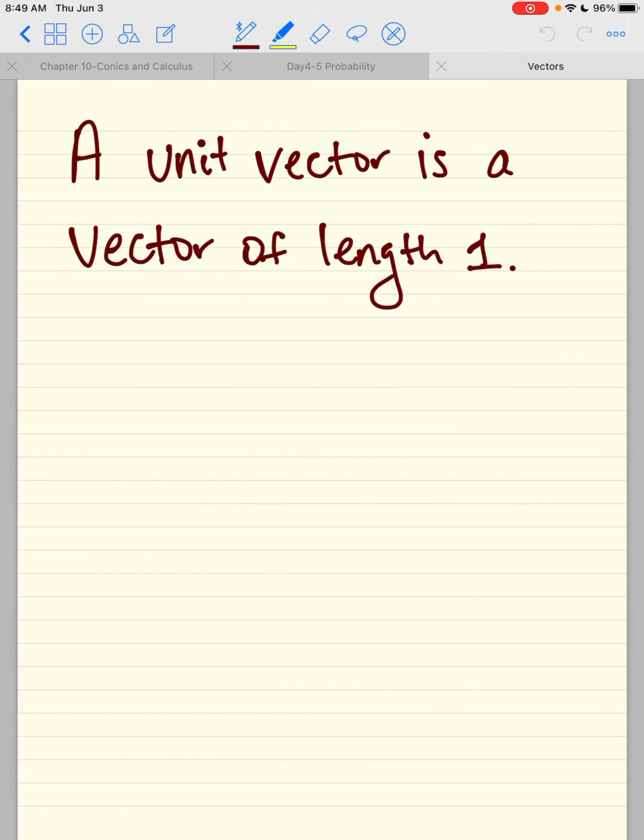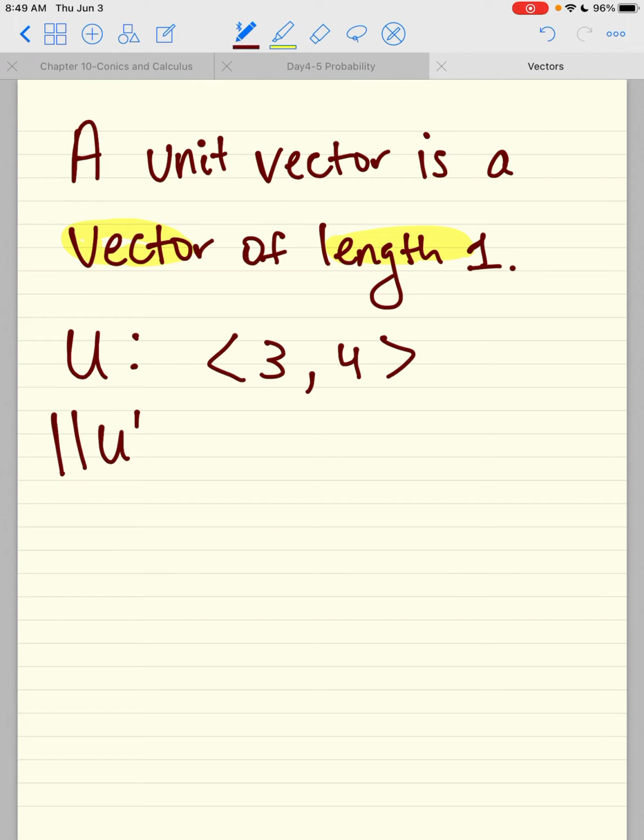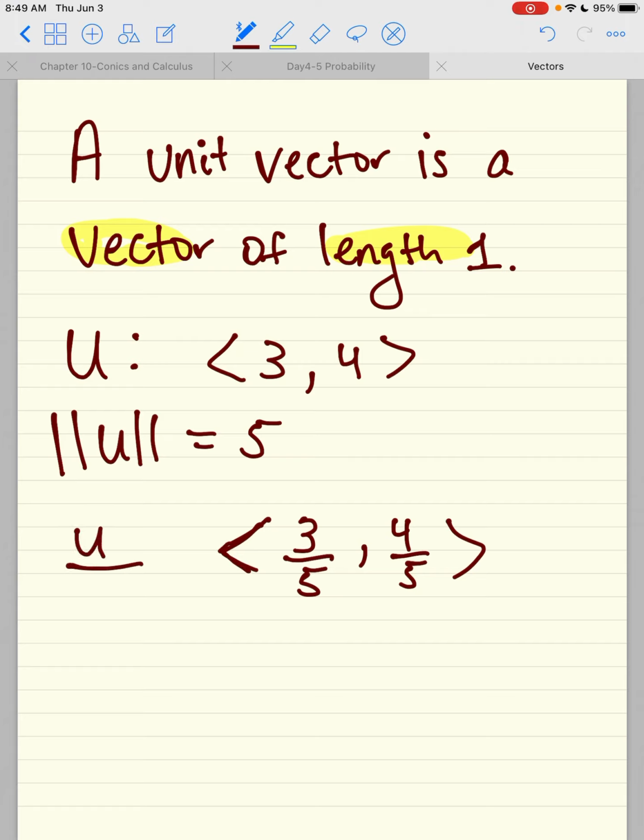Let's see. A unit vector is a vector that has a length of 1. In the beginning, I had <3, 4> as one of my vectors. I had the magnitude to be 5. All I have to do to find a unit vector is <3/5, 4/5>. Remember that a unit vector has a length of 1.